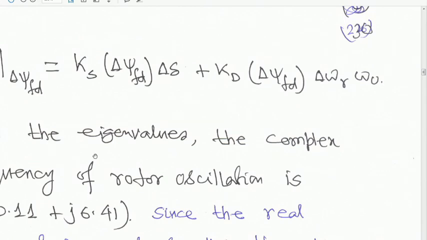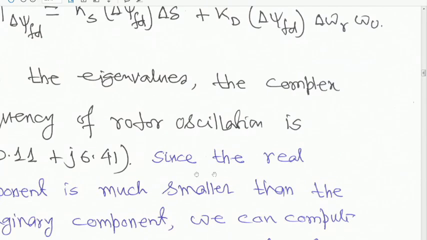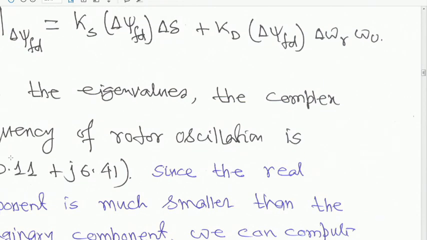From the eigenvalues, the complex frequency of rotor oscillation we have seen is minus 0.11 plus j 6.41, but this real part is very small compared to the imaginary part. So for our approximate analysis we will ignore the real part.